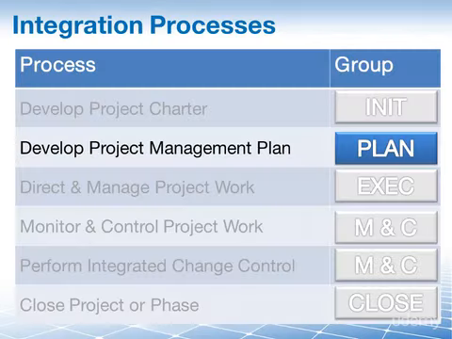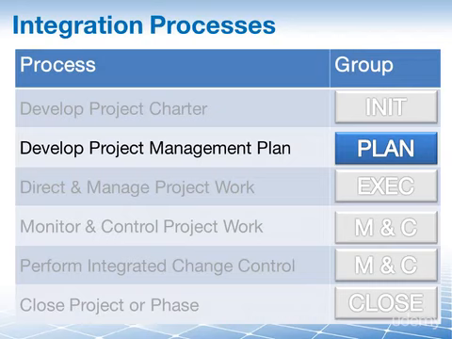So in the previous lesson, we looked at how to develop the project charter, and in this lesson right here, we'll look at how to develop the project management plan. It is the only process from this knowledge area that is in the planning process group. And by the way, we plan absolutely everything through this process. So the next process is Direct and Manage Project Work.